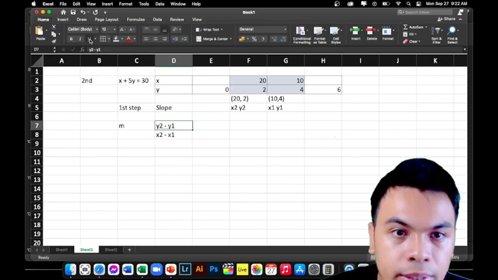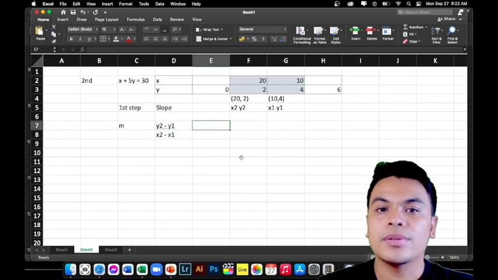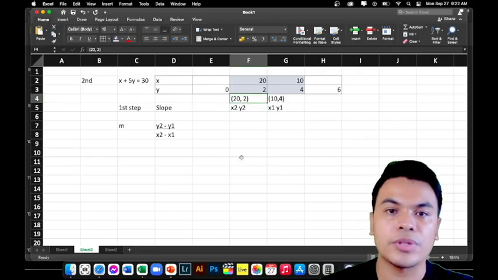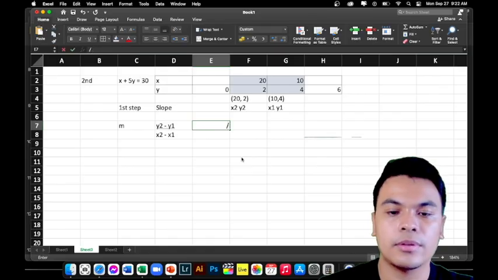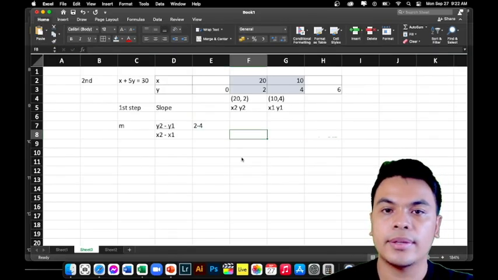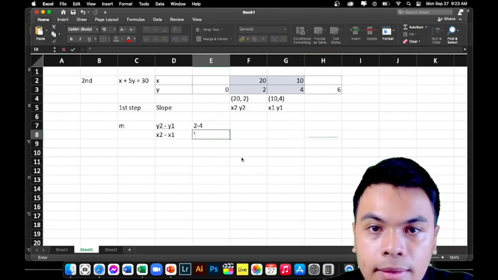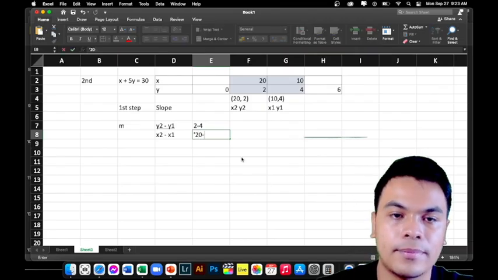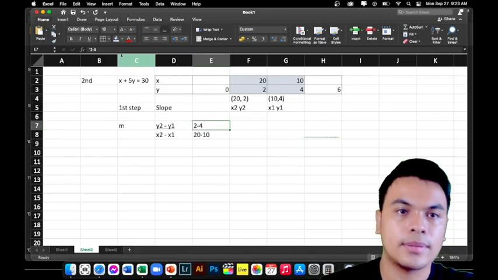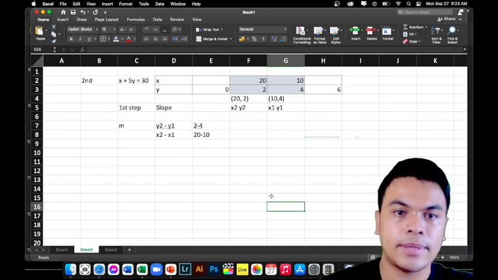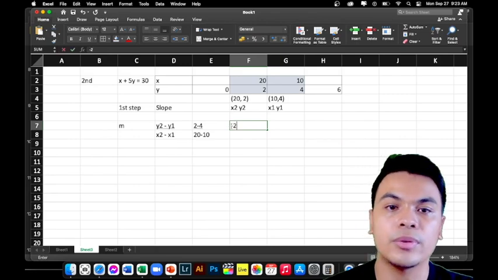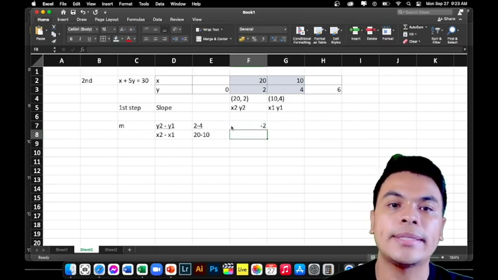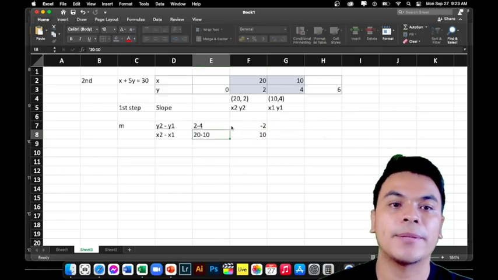Alright. So our assigned values for y2 is 2 and 4. So we put 2 minus 4, divided by 20 minus 10. 2 minus 4 is negative 2, while 20 minus 10 is, of course, 10.